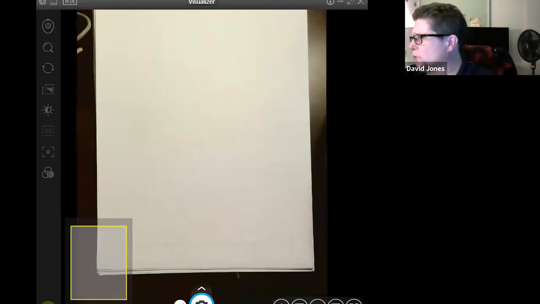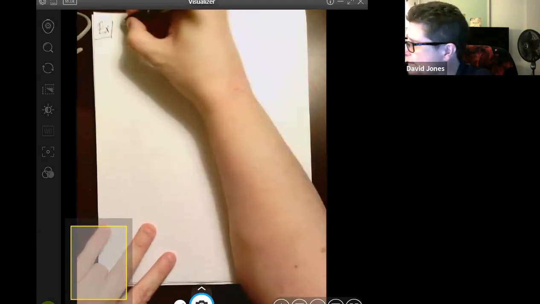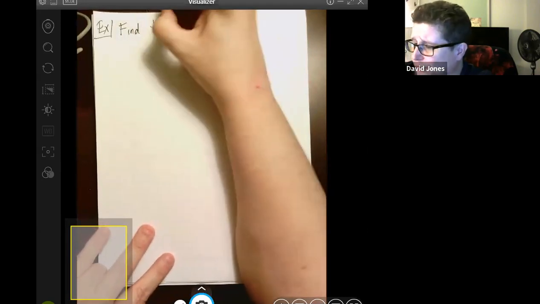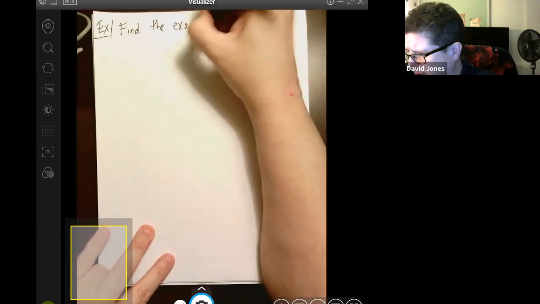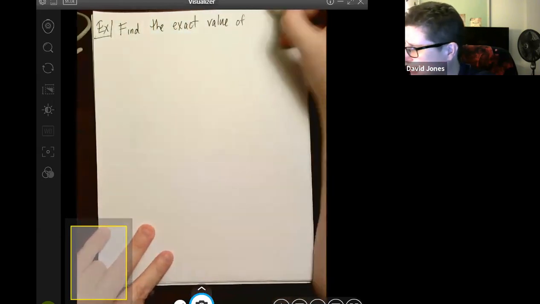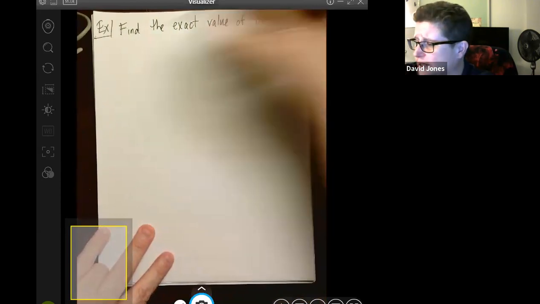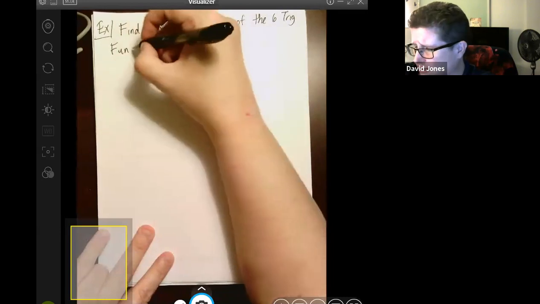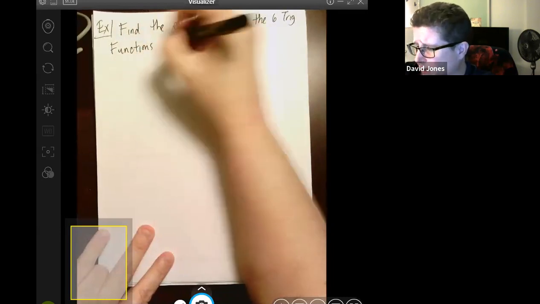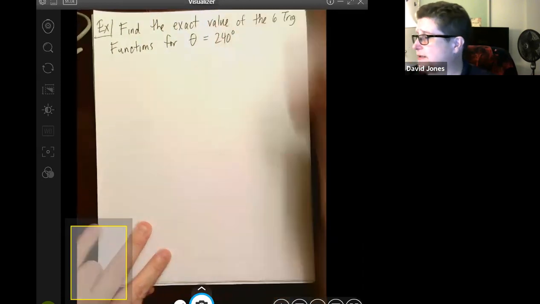So this is going to pull things that we did earlier, several things we've done in this hour. Find the exact value, which means I don't want decimals, no calculator, or anything like that, of the 6 trig functions for theta is 240 degrees.